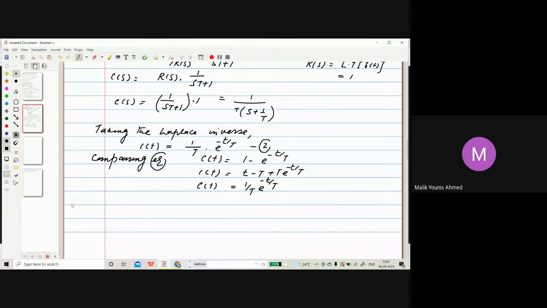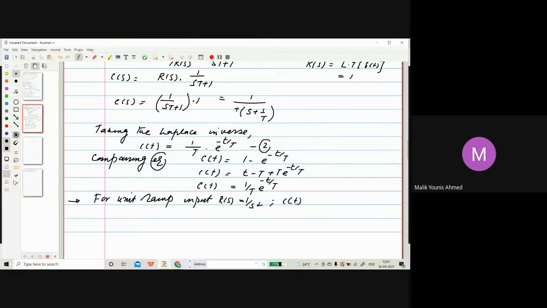So we can draw an analogy here. For unit ramp, input R of s equal to 1 by s square, that we know.